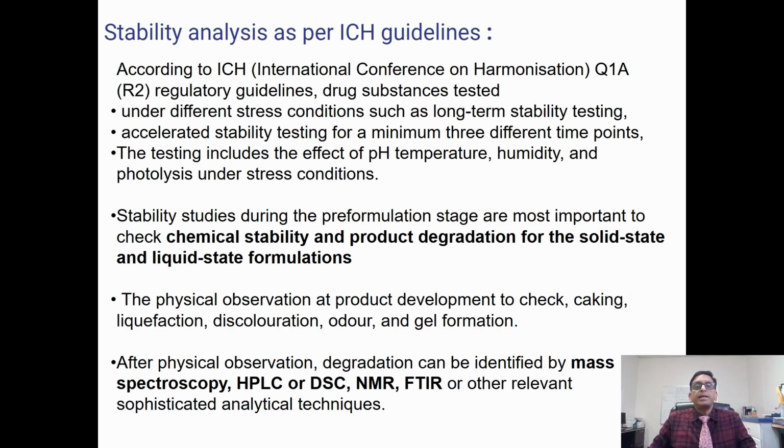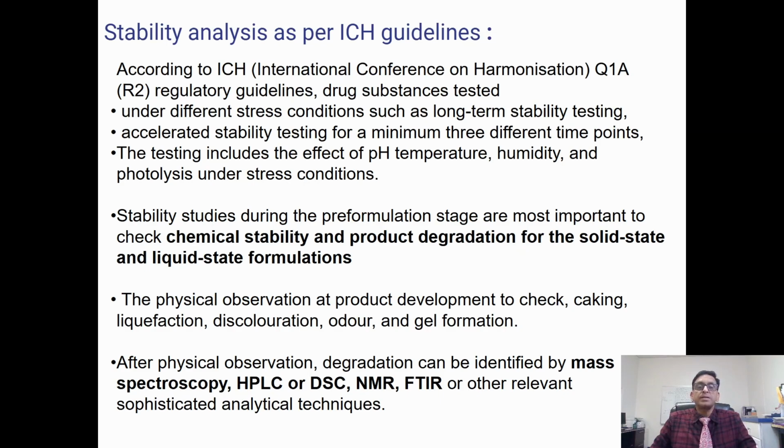As I said, stability is also very important to understand in different pH conditions, and how the temperature is going to influence it. To know about the stability of the dosage form, the stability analysis normally has to be carried out as per the ICH guidelines, the International Conference on Harmonization, stability study under Q1A R2 regulatory guidelines, under different stress conditions such as long-term stability testing or accelerated stability testing for a minimum of three different time points.